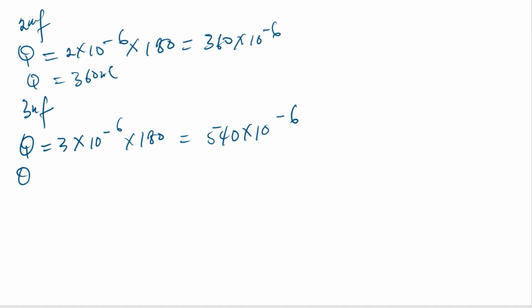So Q will be 540 microcoulombs. And with this, I hope you understand how to work with capacitors in series and in parallel.